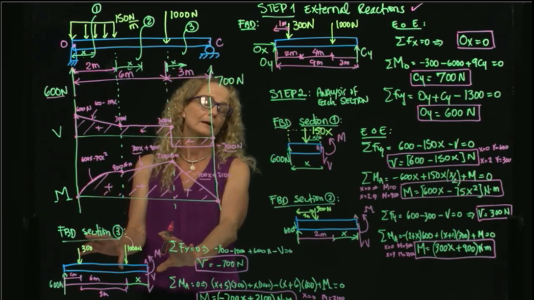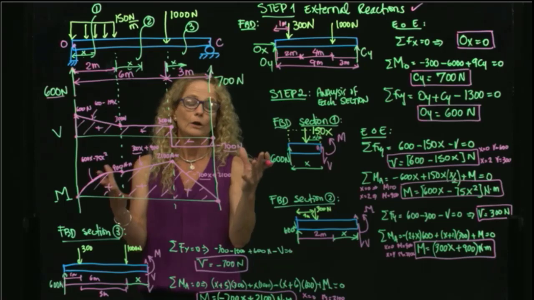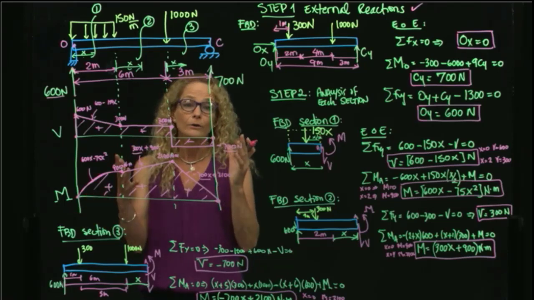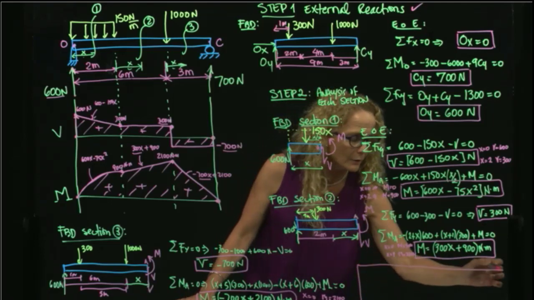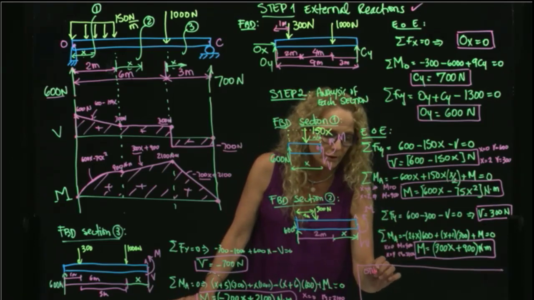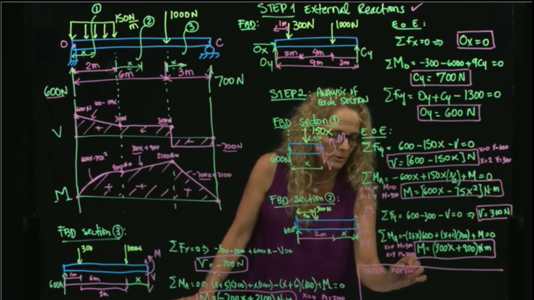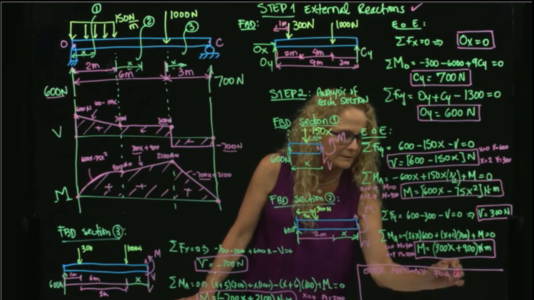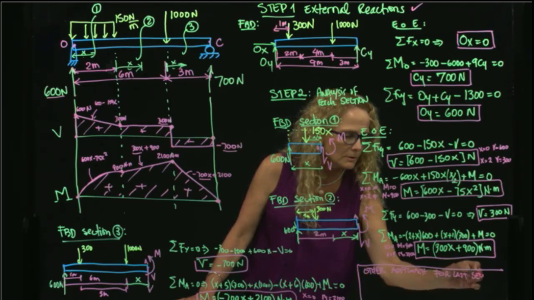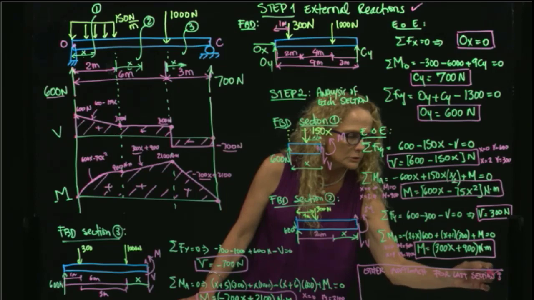This diagram was a little bit long. You could also, so I like to make sure that you understand that this is another approach, and you don't need to do it if you already did this one. Approach for the last section, which is section 3.